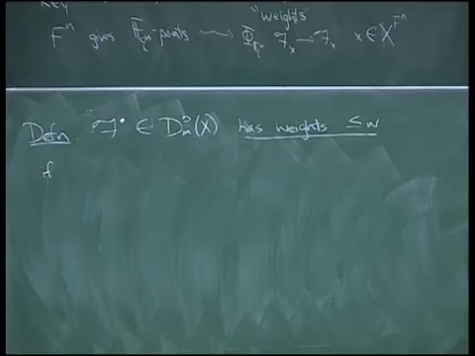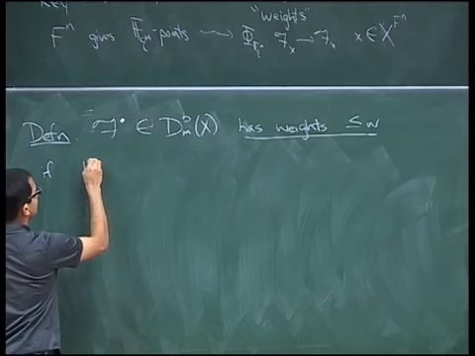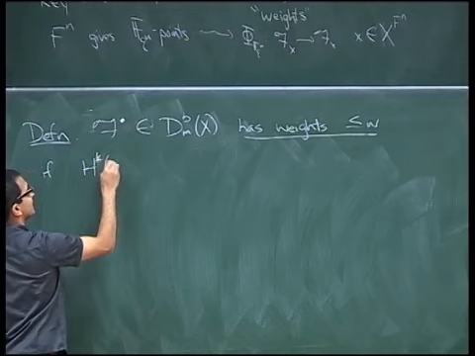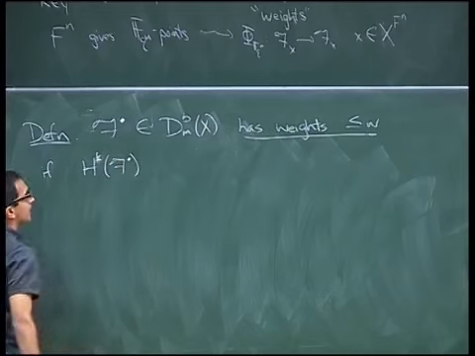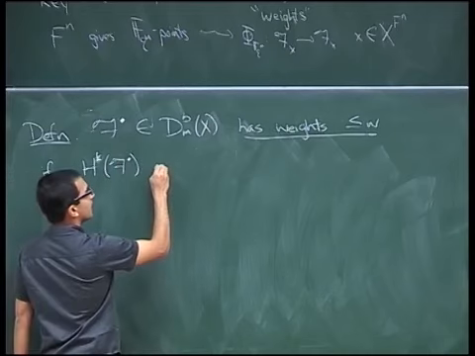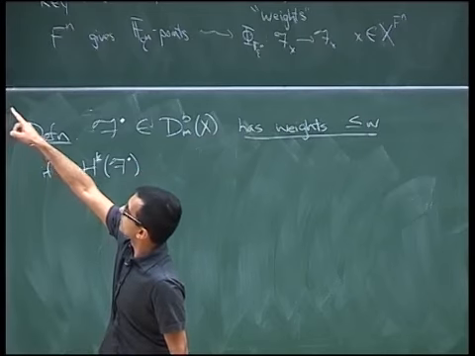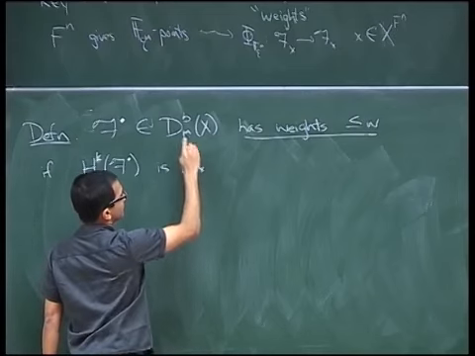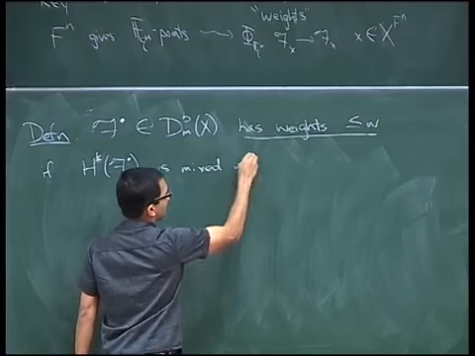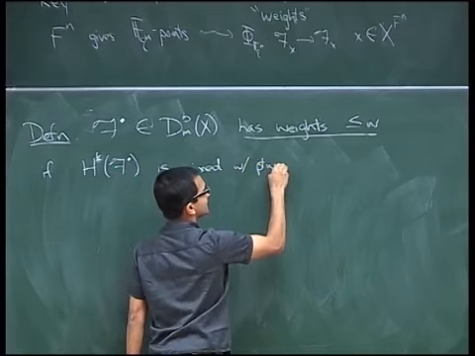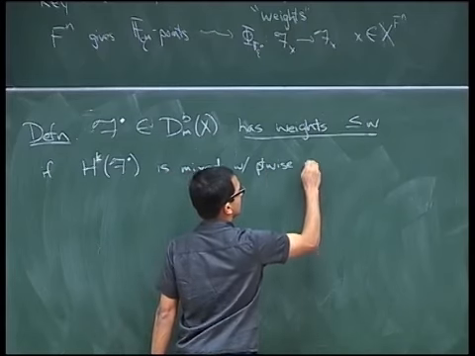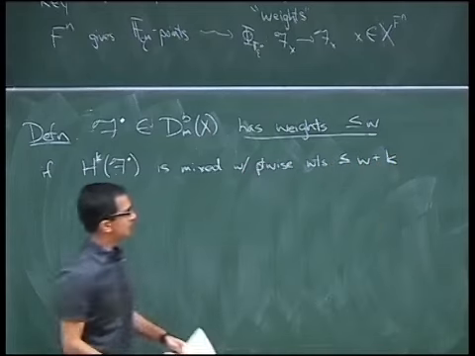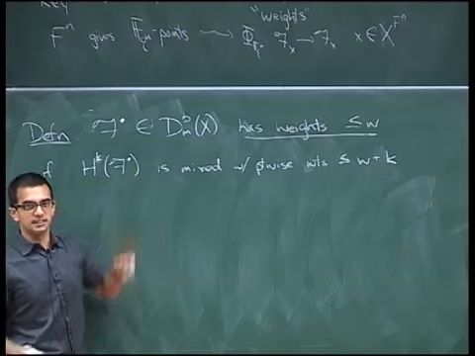The definition is that a complex F has weights less than or equal to W if the kth cohomology of F, which is now an ordinary sheaf, is mixed, and it's automatically mixed because we're in the D^b_m category, with pointwise weights less than or equal to W plus k. So this is a different condition on each of the cohomology sheaves.